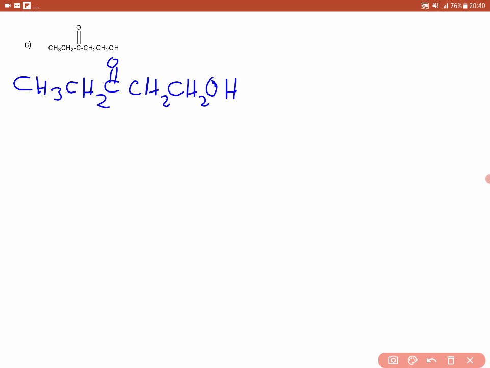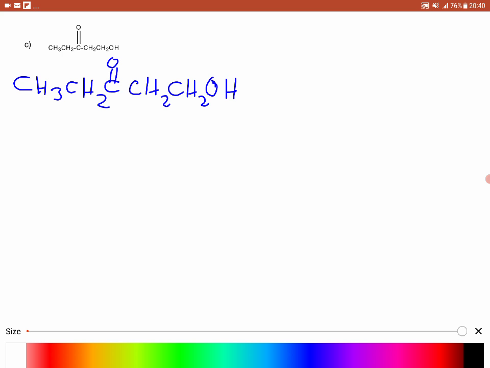If we refer to this carbonyl functional group, this position is the alpha position, and this carbon is the beta position. So we have an OH at the beta position.